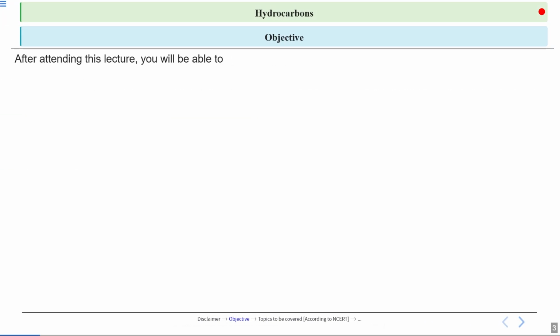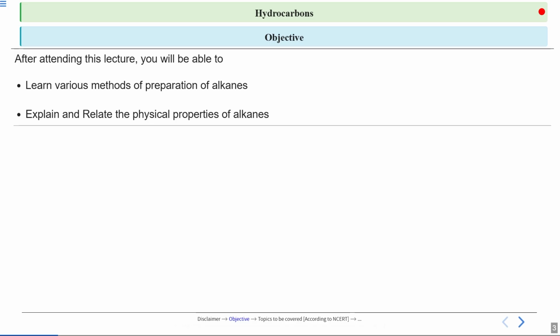Now in this lecture our learning objective would be to look at, first of all, the various methods for preparation of alkanes. So we have known a lot about alkanes in the previous classes regarding the nomenclature, isomerism and the homologous series. Today we'll discuss the preparation as well as explain and relate the physical properties of alkanes.